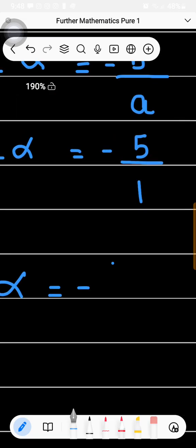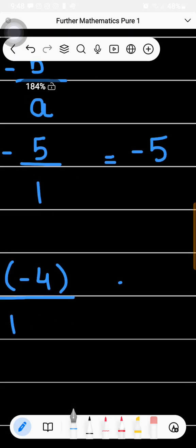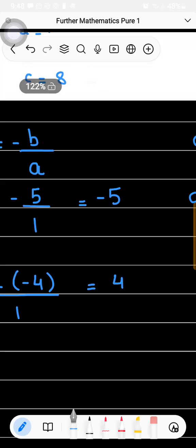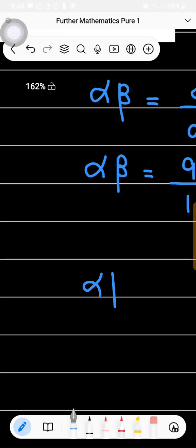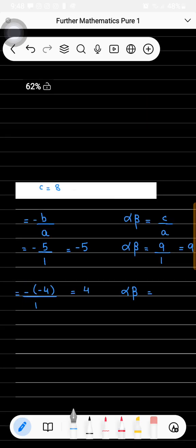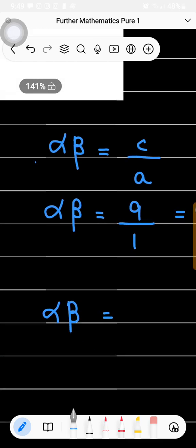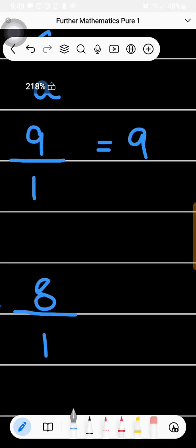So negative of negative 4 upon what was a? a was 1. So here the answer will be minus minus plus, so it will be plus 4. Then if we move to alpha beta, it is c upon a. c is 8 and a is 1, so it is 8 upon 1. So it becomes 8 as the answer.